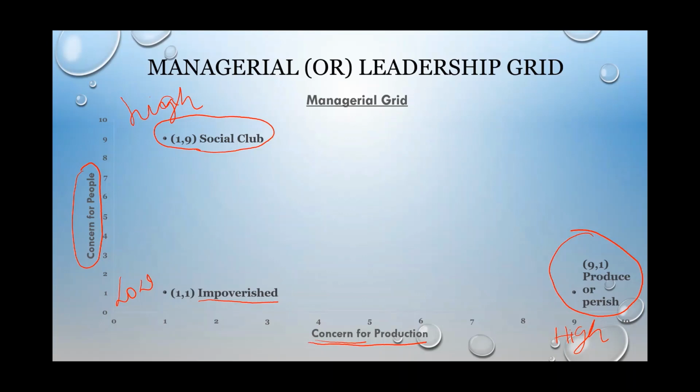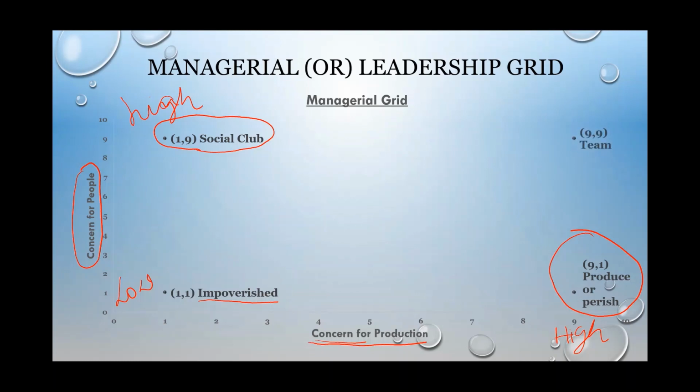He does not care about followers or does not want to understand whether followers are happy or not. This kind of style is called produce or perish. Here the leader becomes a taskmaster. He insists more on achieving objectives and reaching the targets rather than whether employees are happy or satisfied or not. He does not even try to understand the needs and wants of the employees for their well-being.